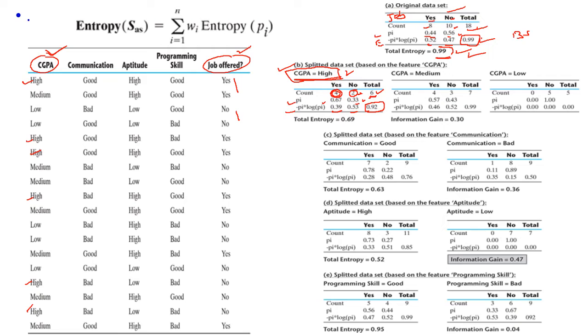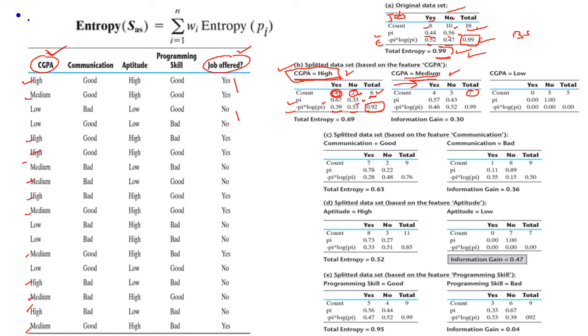Now let us compute CGPA medium, applying the same approach. The total CGPA medium is 7 records: 1, 2, 3, 4, 5, 6, 7.